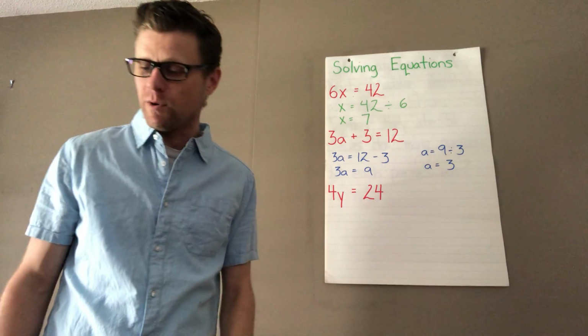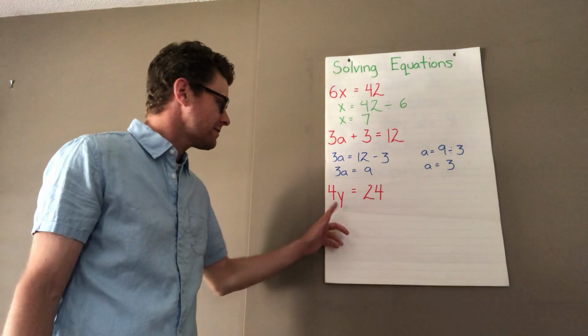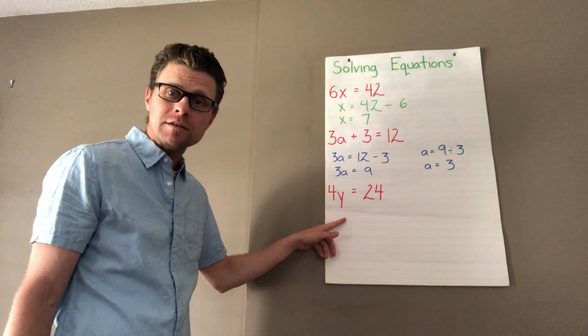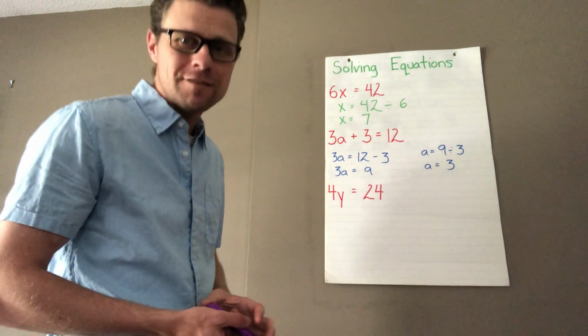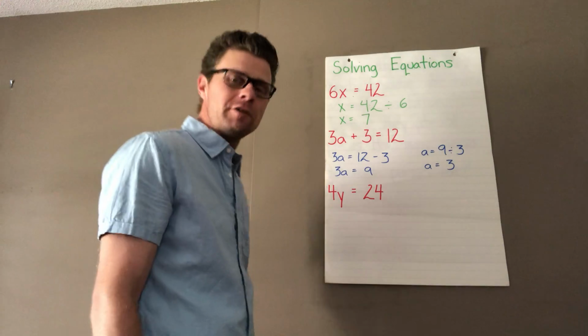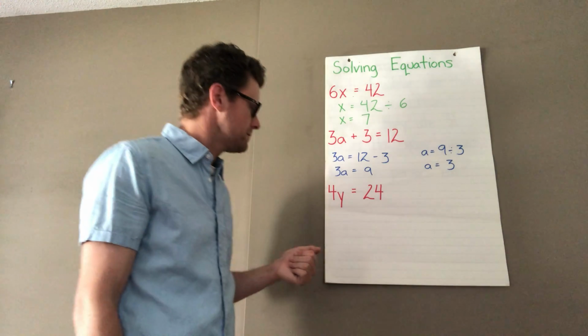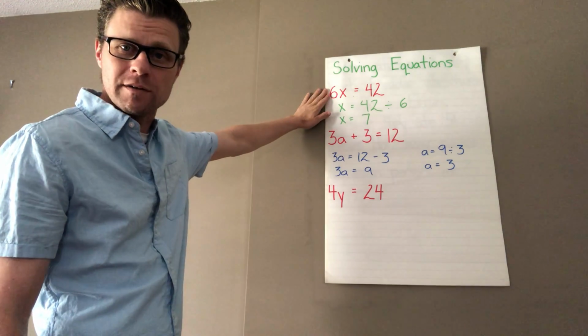Let's move on to the third one. 4y equals 24. Now the letter doesn't matter. This could be 4u, 4q, 4t, 4l, whatever you like. It doesn't matter. We just don't know the value of it right now. So this is very close to our first one.